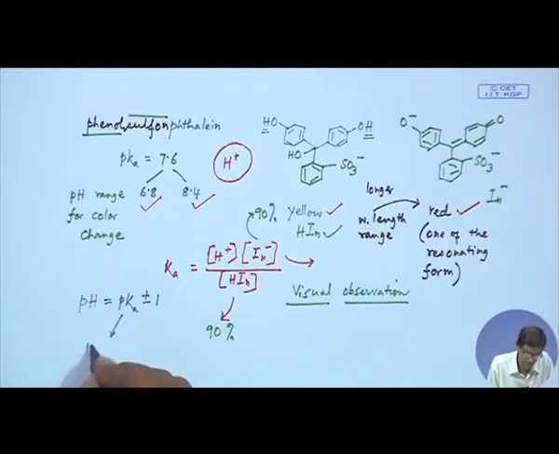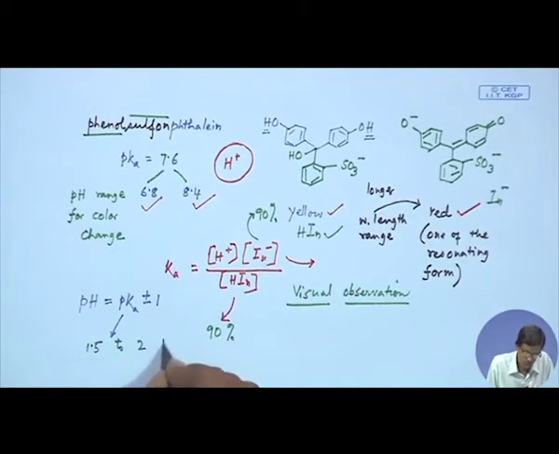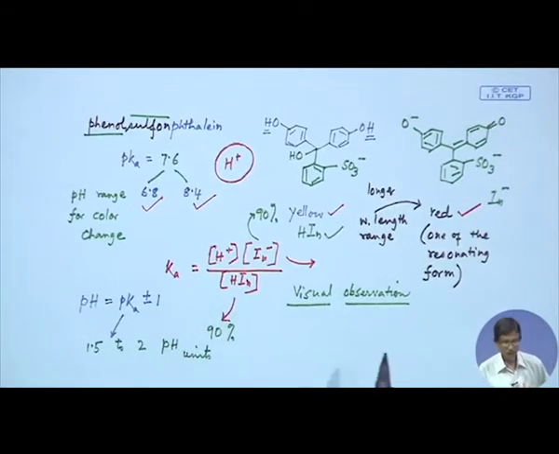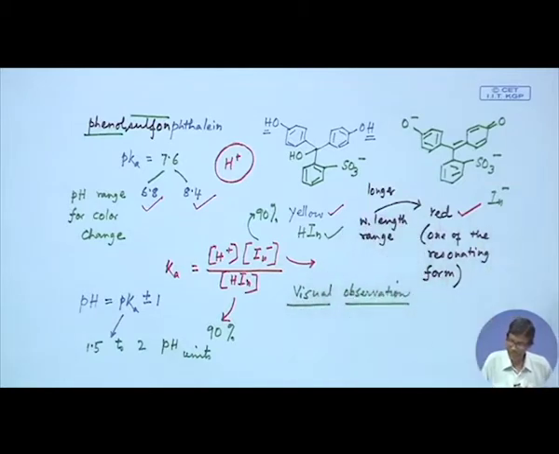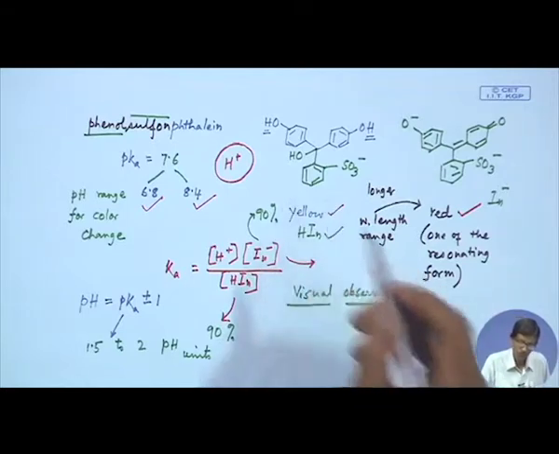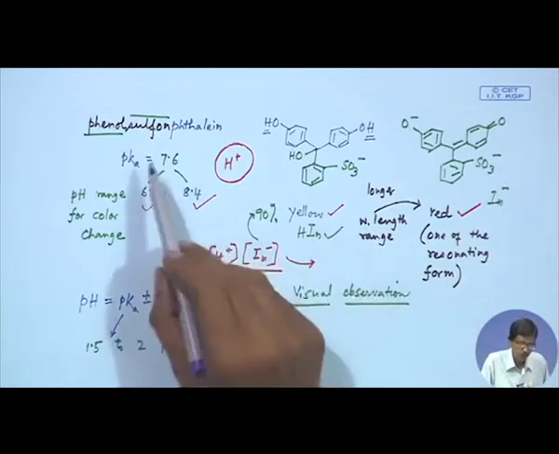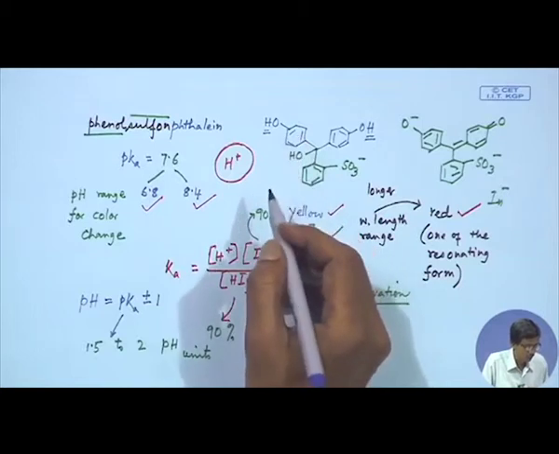It can vary, not up to 2 units, it can vary from 1.5 to 2 pH units. So, the color formation that is happening over there we can detect nicely, and all other indicators which are related to this molecule also, because phenolphthalein is related to this particular one.